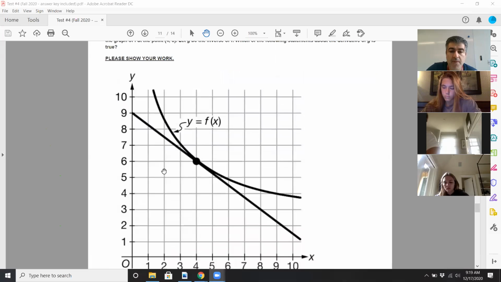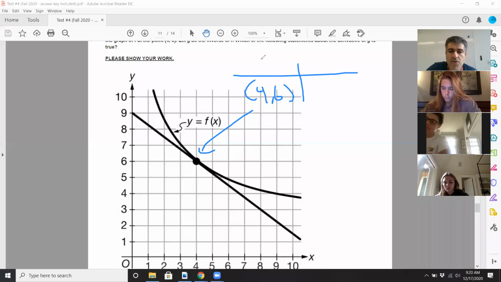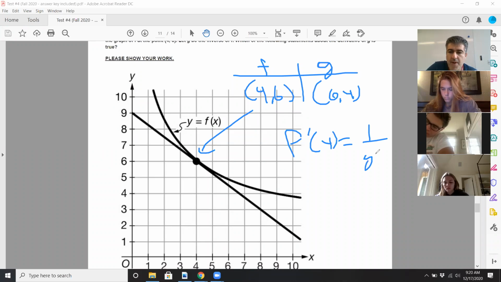Anyway, this right here. So you have f of x, and we know that (4, 6) is a point on f. So I can make a little table here, right? On the inverse, which I'm calling g, the point is (6, 4). So f prime of 4 equals 1 over g prime of 6. That's the rule we have. F prime of 4 you actually could find.